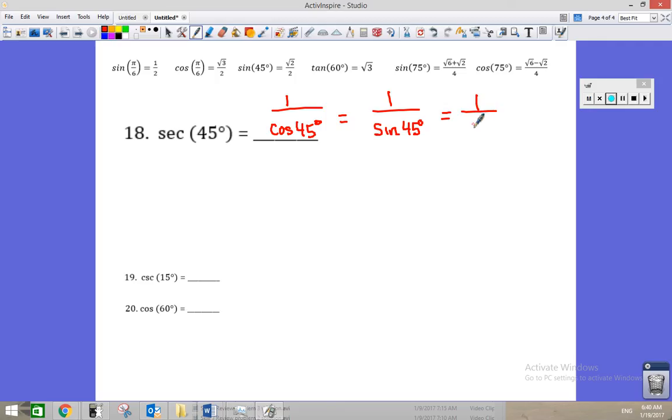If I take the reciprocal of the square root of 2 over 2, I'll get 2 over radical 2. If you rationalize that, you get 2 radical 2 over the square root of 4, which is 2, and 2 divided by 2 is 1. So you get the square root of 2 as the final answer. The secant of 45 degrees is equivalent to radical 2.